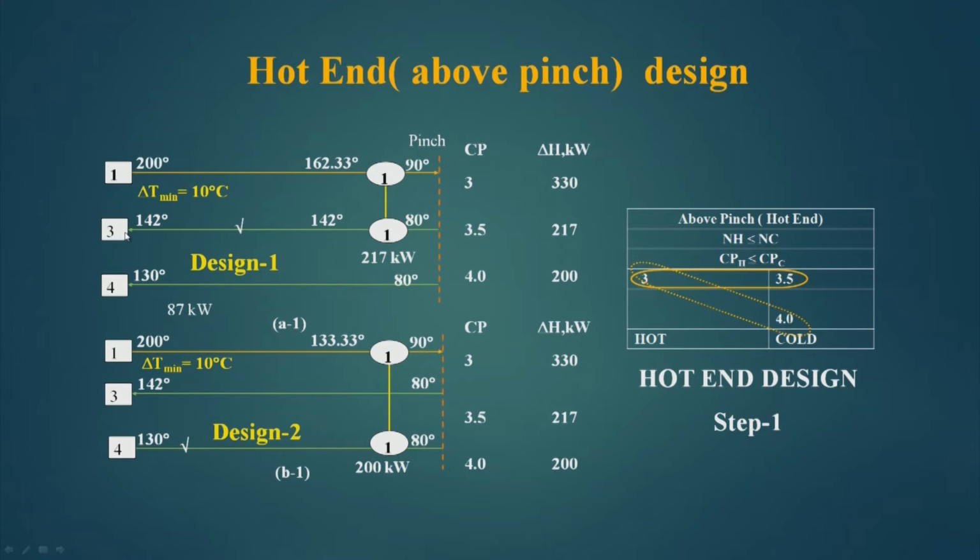So, this is possible. We have put a match of 217 kilowatt, because this cold stream can take 217 kilowatt. So, why not give heat from this 330 kilowatt hot stream directly to this cold stream having a capacity of 217 kilowatt. Once we transfer this heat, this stream is ticked off.